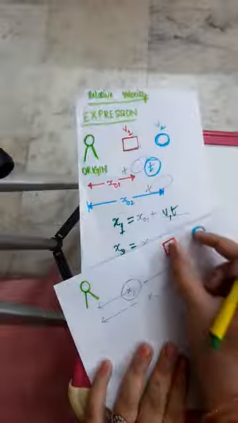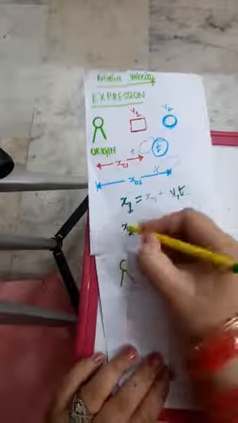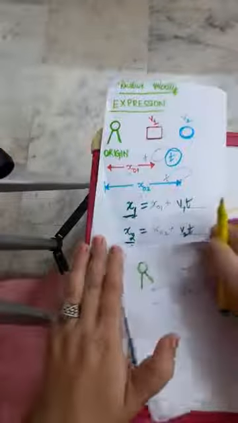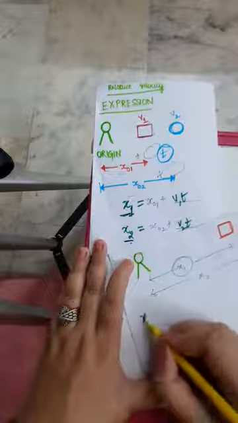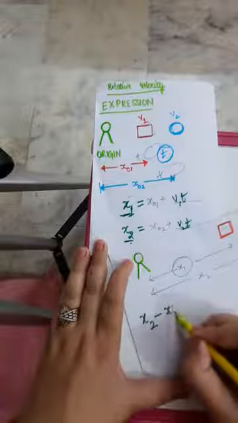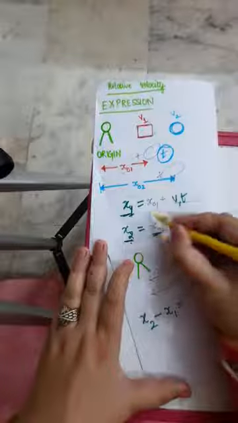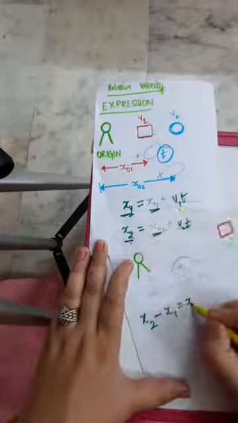So let us subtract x1 from x2. This will be x2 minus x1 equals x02 minus x01.